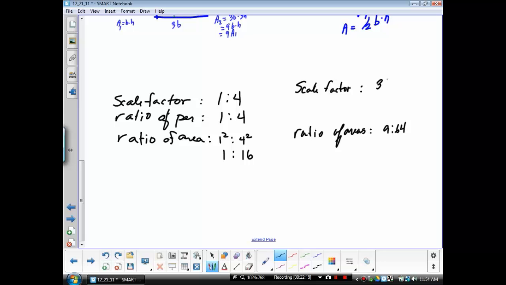So it's 3 to 8. Is this problem number 7? Look at the bottom of that page. You see it there, number 7? Okay. And then the ratio of the perimeters is the same as the scale factor. Always the same as the scale factor. Okay, so that's the easy ones.